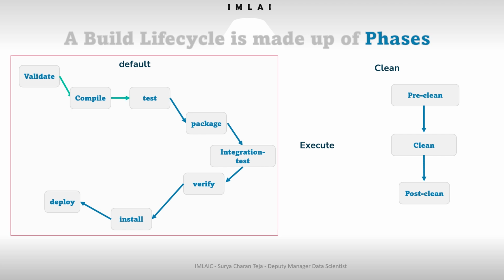The test phase tests the compiled source code using a suitable unit testing framework. You have to use an external third party tool here, so that's the reason you have to use a plugin. You have to write that plugin inside your pom.xml. These tests should not require the code to be packaged or deployed.